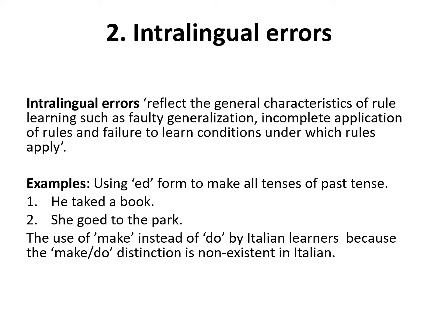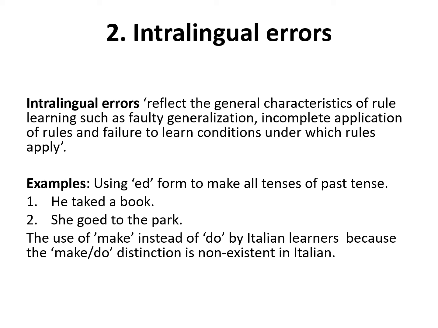For example, he has learned how to make the past tense, and the teacher told him to put ed at the end of the verb and it will become past tense, like inherit, inherited; direct, directed; instruct, instructed.